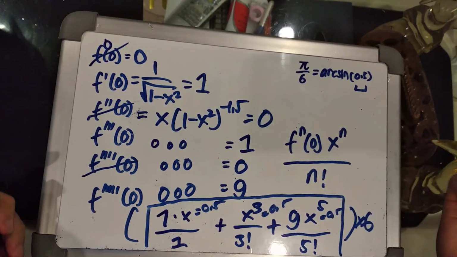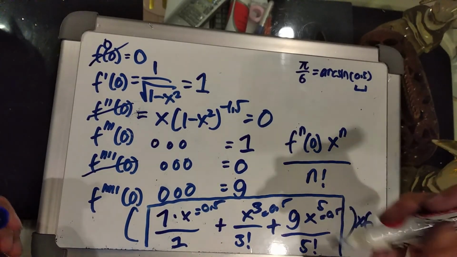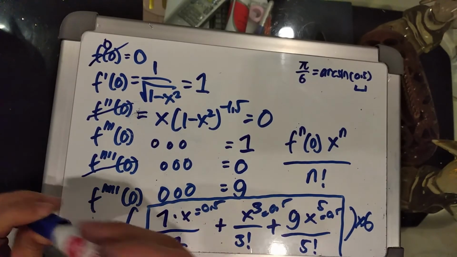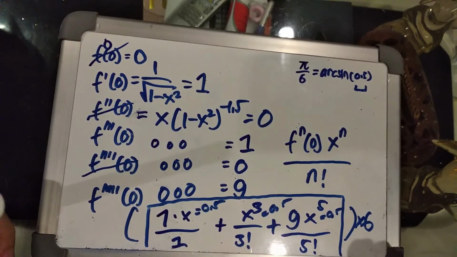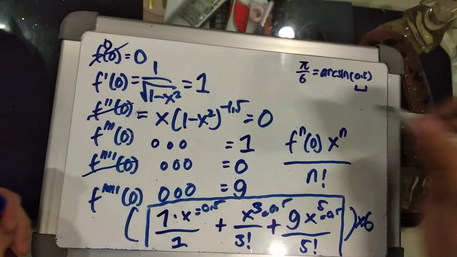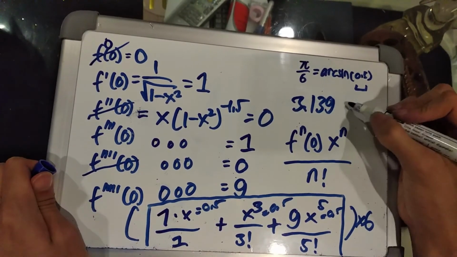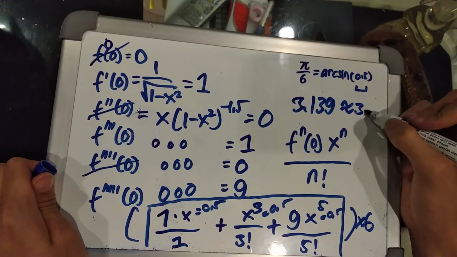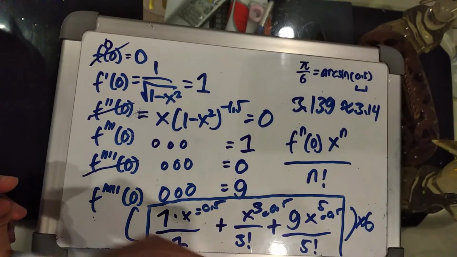I'll not show that right now because I am too lazy to calculate all of this, and I do not have a calculator with me right now. But you can try this with your own calculators, and I know what you're going to get. That value will be 3.139, which we can round off to 3.14.